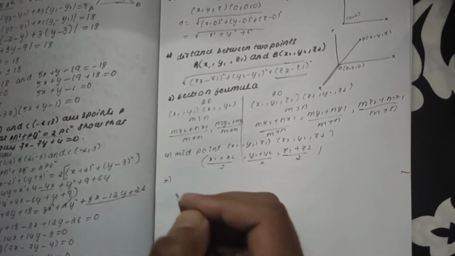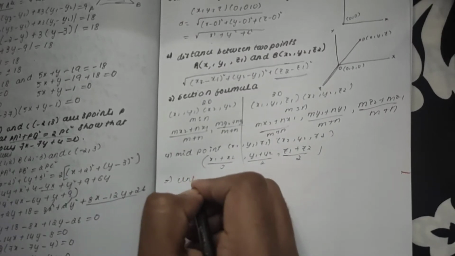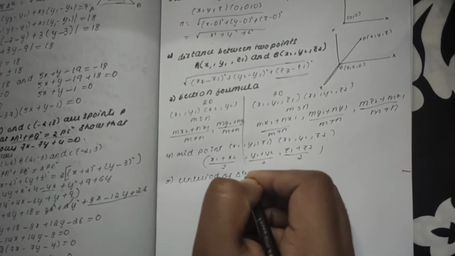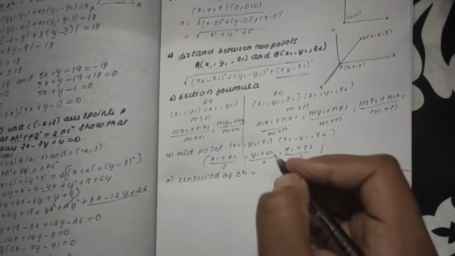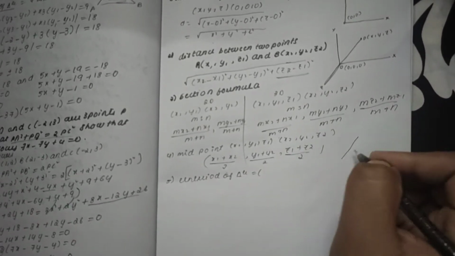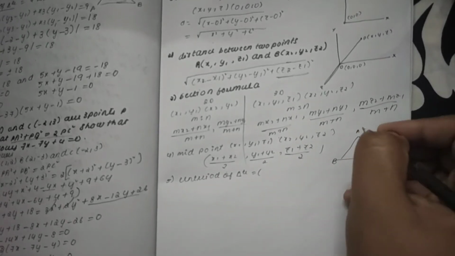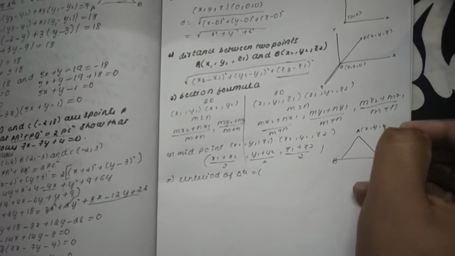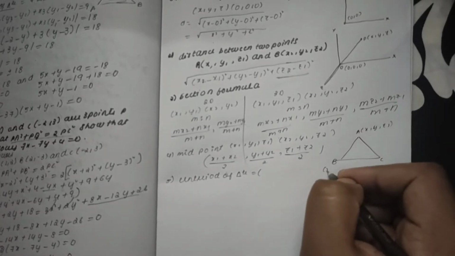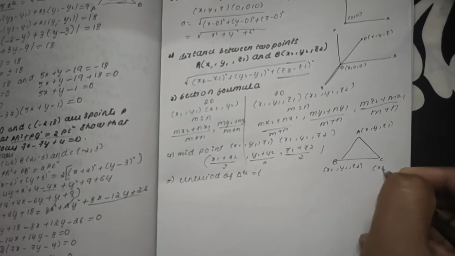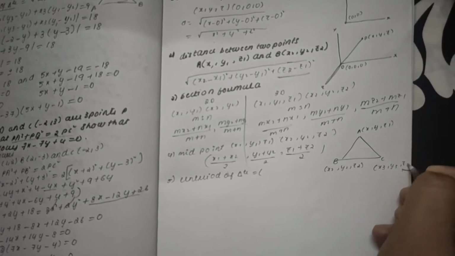So let's go to the next topic, which is centroid of a triangle. The formula of centroid of the triangle is, if we assume ABC to be the triangle, A is x1 comma y1 comma z1, B is x2 comma y2 comma z2 and C is x3 comma y3 comma z3.